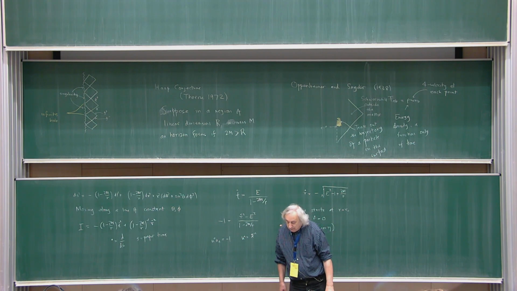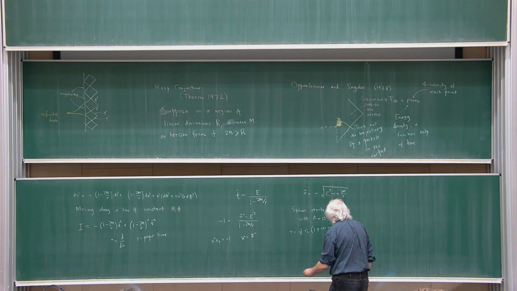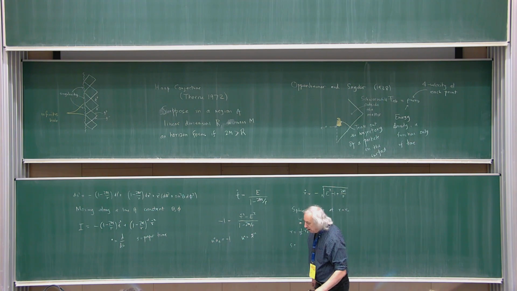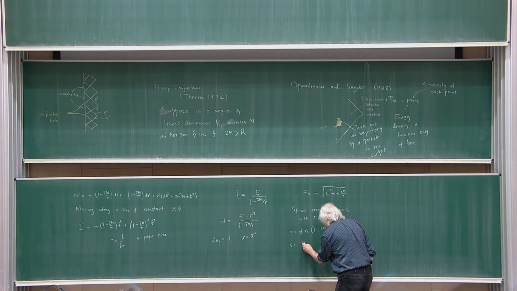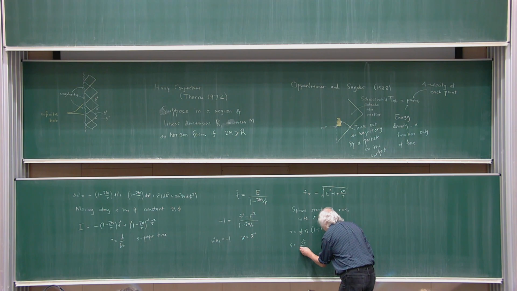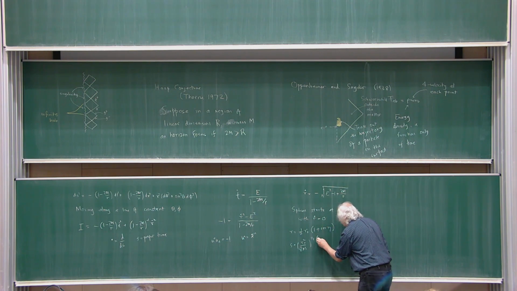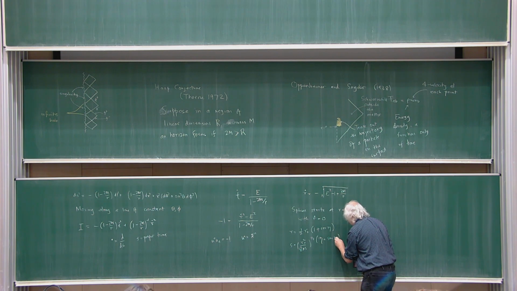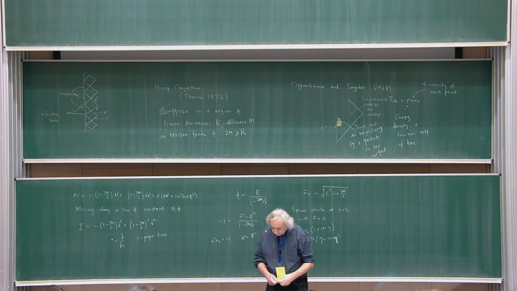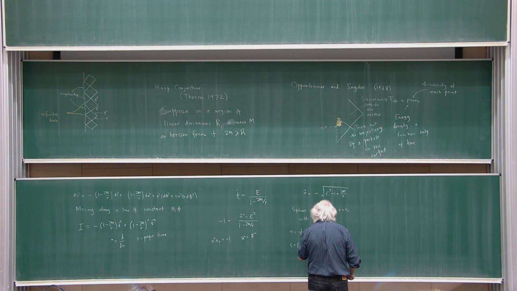Eta is a parametric variable, and it's related to the proper time s by (r0 cubed over 8m) to the 1/2 into (eta plus sine eta). This should be cubed, not squared.